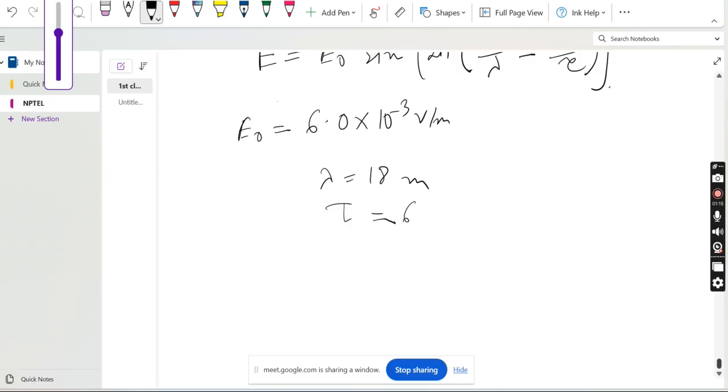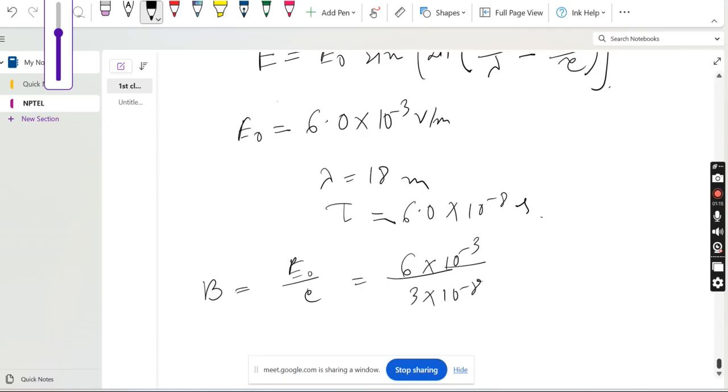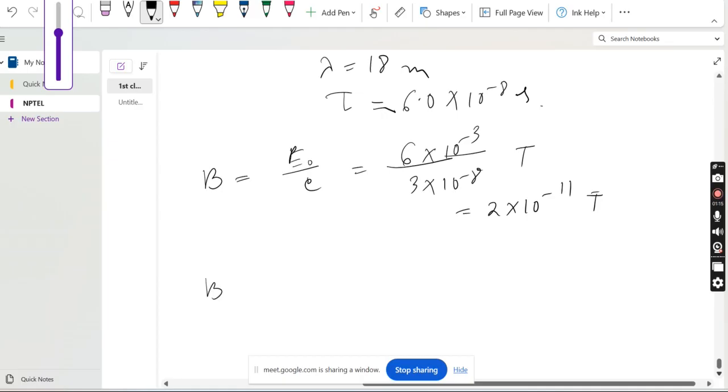The magnetic field is then 2 into 10 to the power minus 11 Tesla.